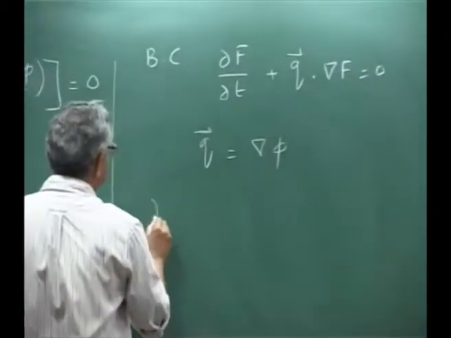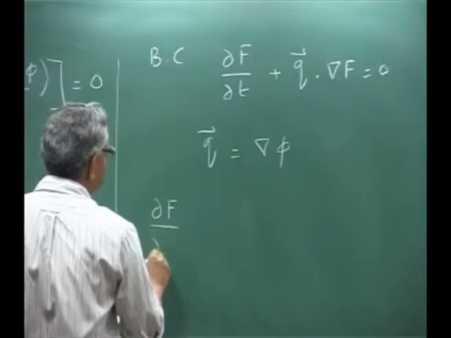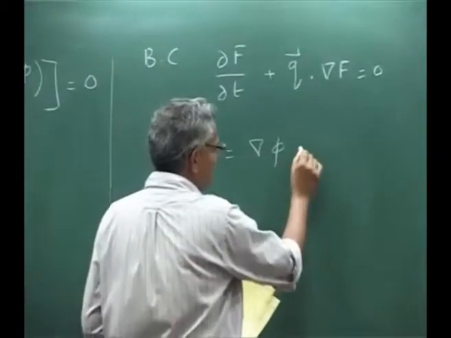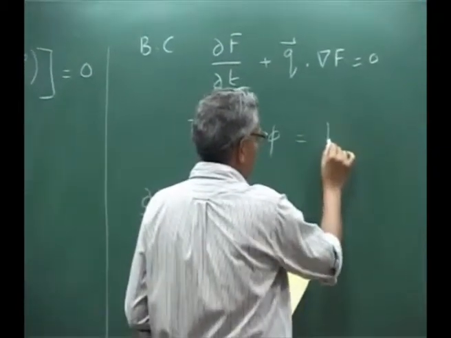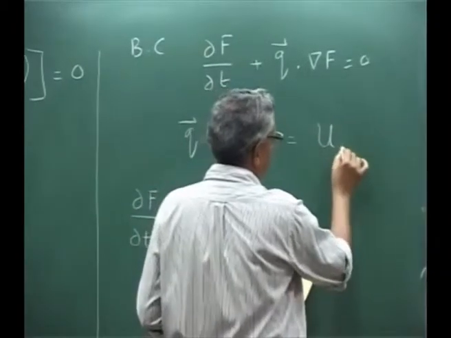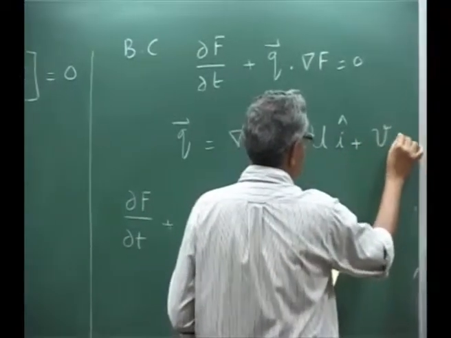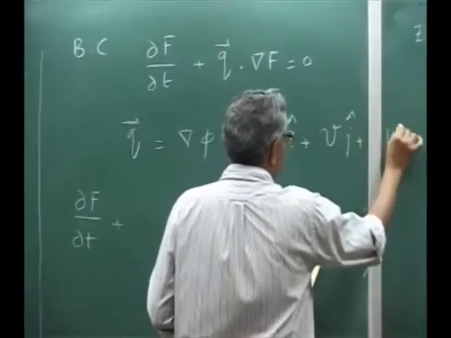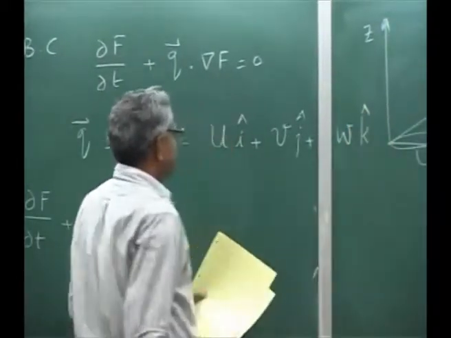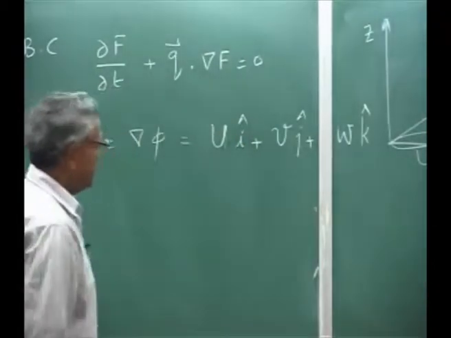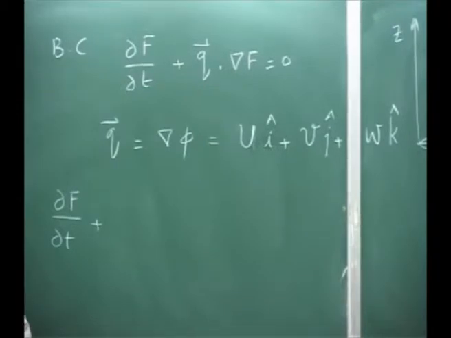This expression, if I write, is delta F over delta T plus Q dot del F, where Q is del phi, which you can write as U I plus V J plus W K. But I am going to use the U, a little bigger U, because again I will split that into two parts, because one is the free stream velocity, which is along the x-axis.